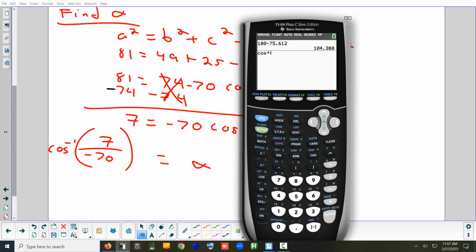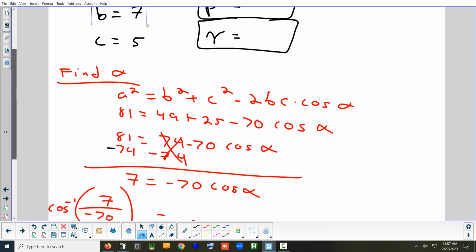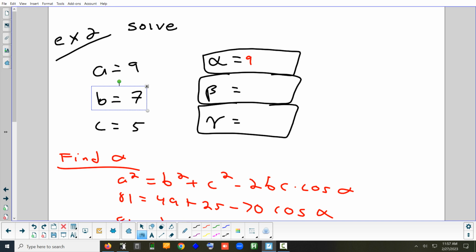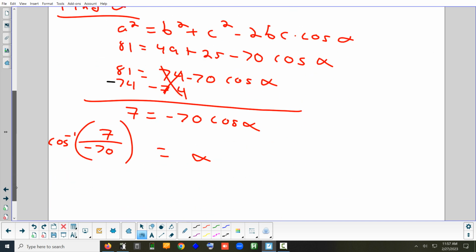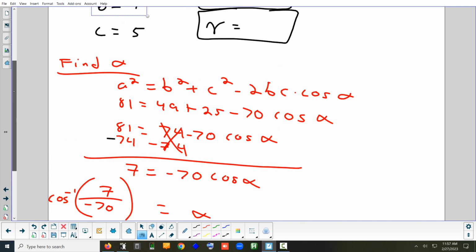What's that? 1/10. So negative 70. Wait, sorry, how did we switch around the 7? We divided 7 by negative 70, I get it, and then took inverse cosine. That gives 95.739. And that's it for alpha.